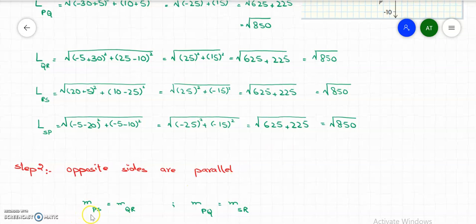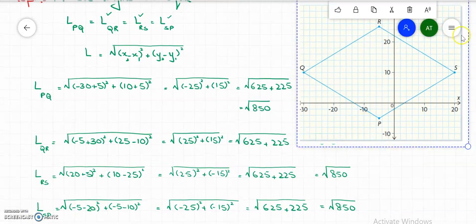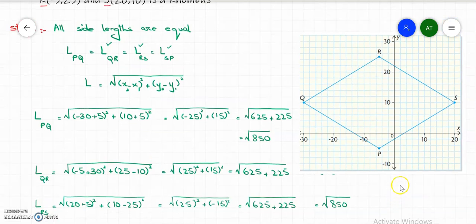So we have PS, the bottom side, and its opposite side is QR. And we have PQ and its opposite is RS, right?